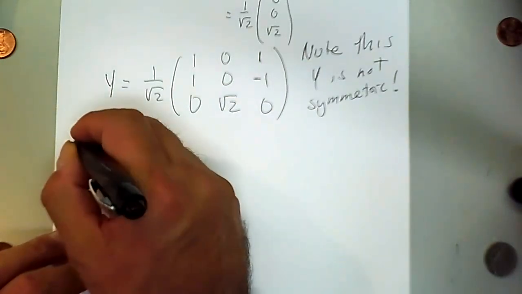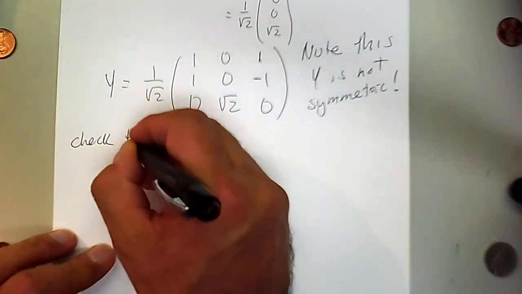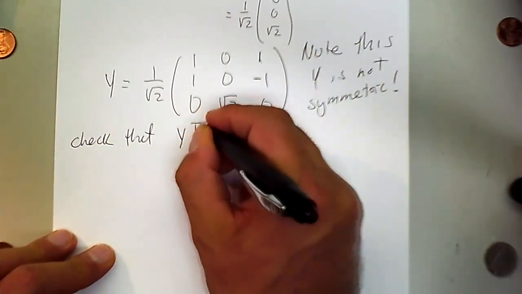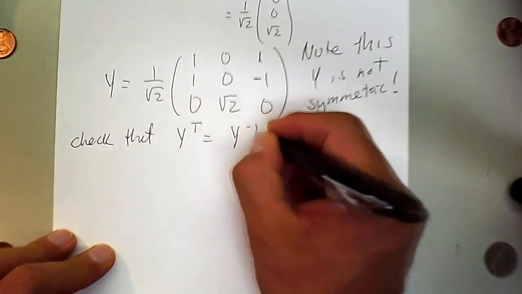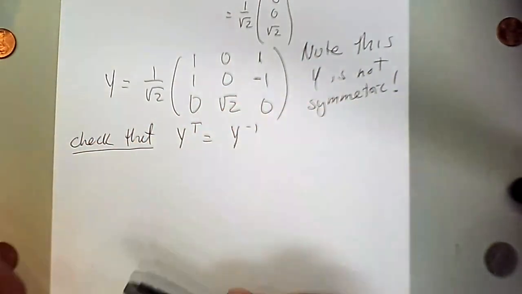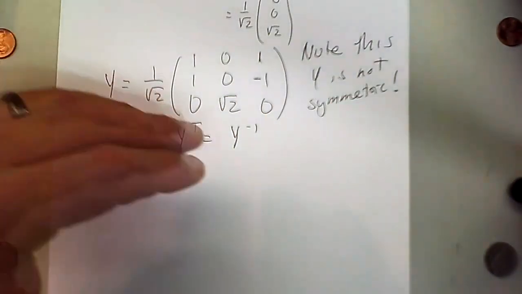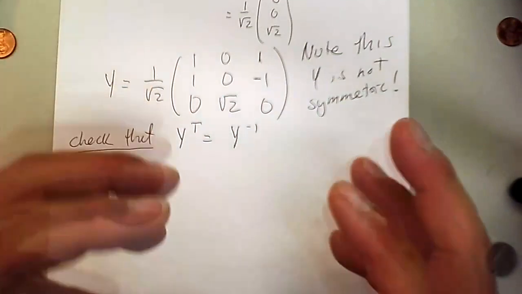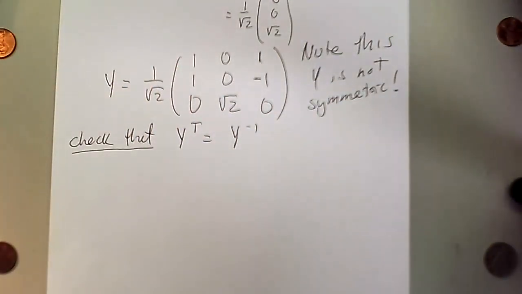So we're going to check that transpose is actually equal to the inverse. We're going to check that right now. Normally, what we would do in the previous video is we would find the inverse by the Gauss-Jordan elimination method.